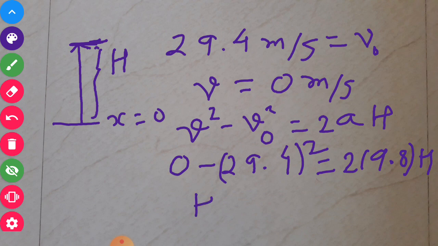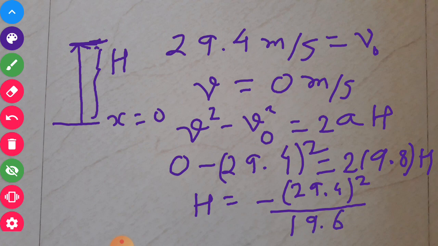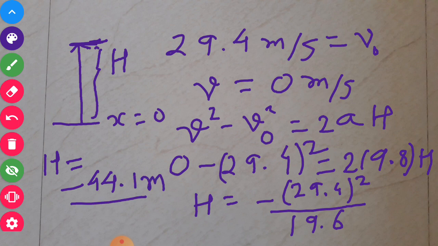So h you will get, that is minus 29.4 the whole square divided by 2 into 9.8, that is 19.6. So h you will get around about minus 44.1 meter. Why minus has come?